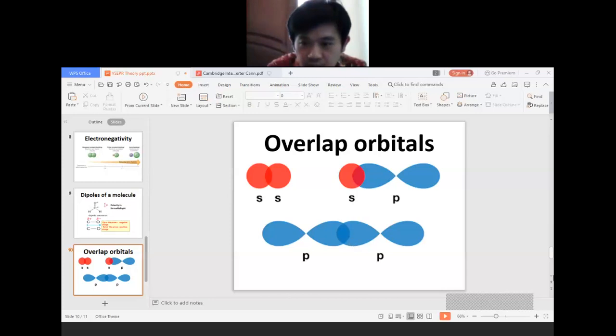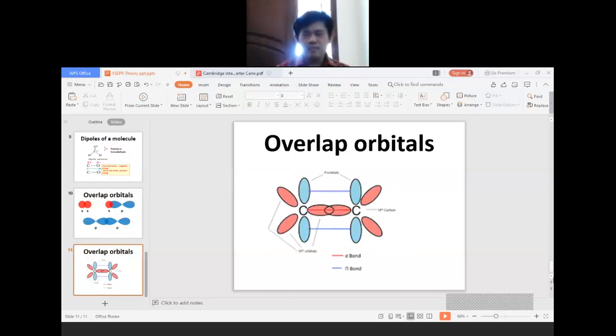Let's see from this one. This is the last slide. So, overlap of orbitals. These are the p orbitals. This is the single bond. In a single bond, there is an overlap between this electron and this electron. In the middle, the intersection is the overlapping, and then there is a p orbital, one on top, one at the bottom. It doesn't mean that there are three bonds.